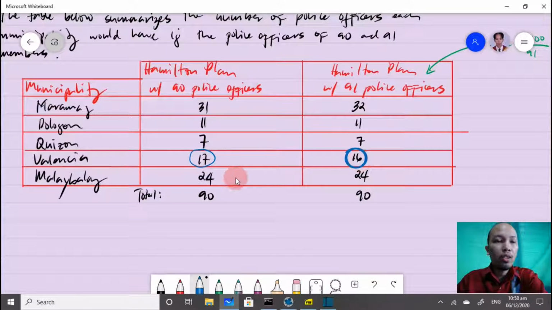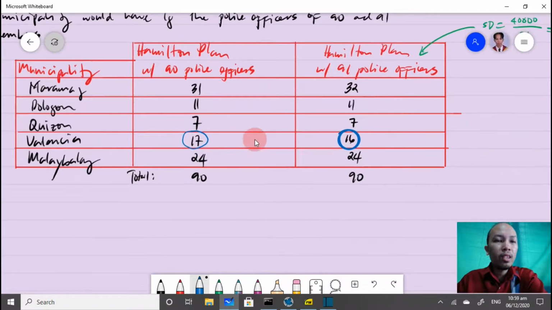So what will happen? This kind of scenario is what we call the Alabama paradox.